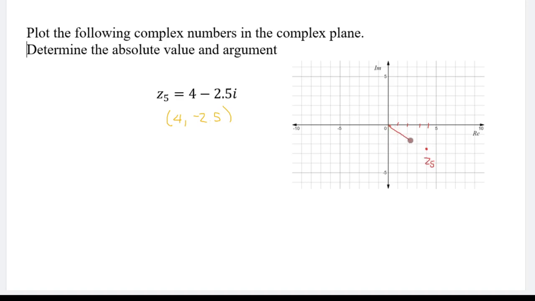And we need to find the value again of our absolute value r and our argument. So, for our absolute value, r is equivalent to the square root of 4 squared plus 2.5 squared, and that is equivalent to 4.757.